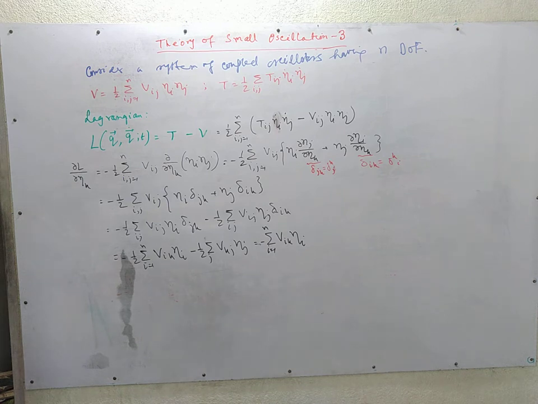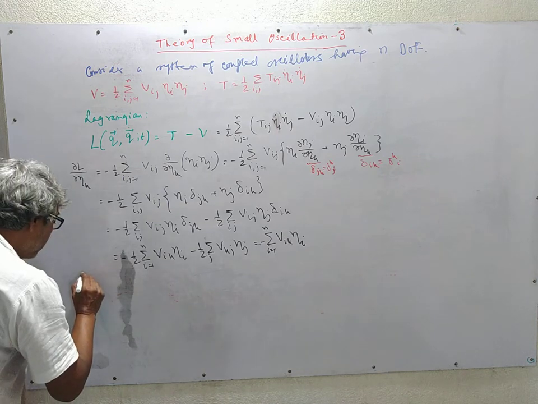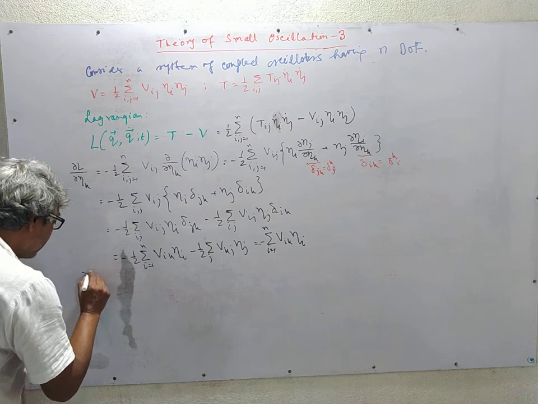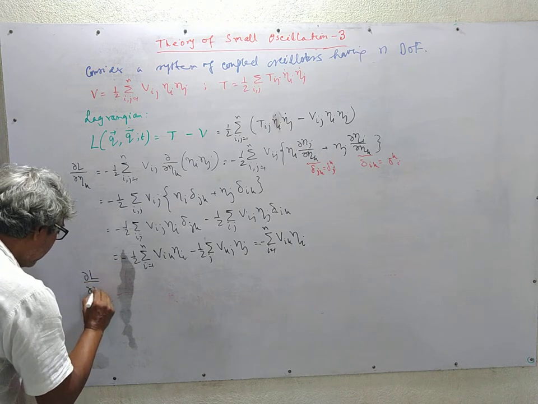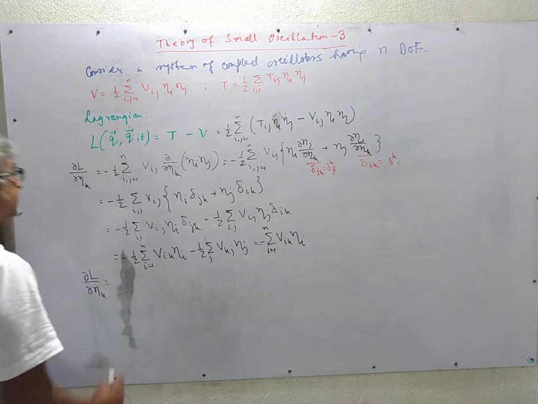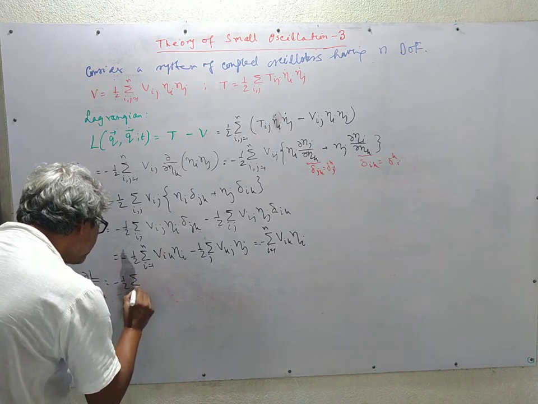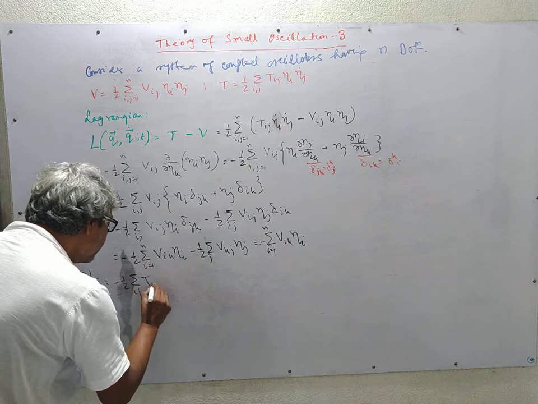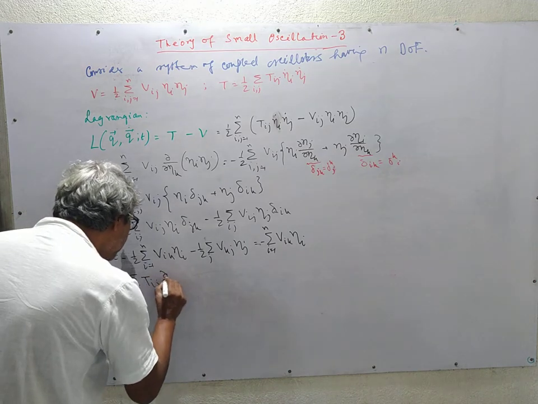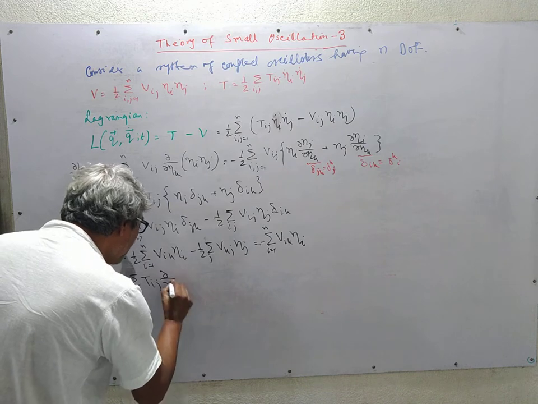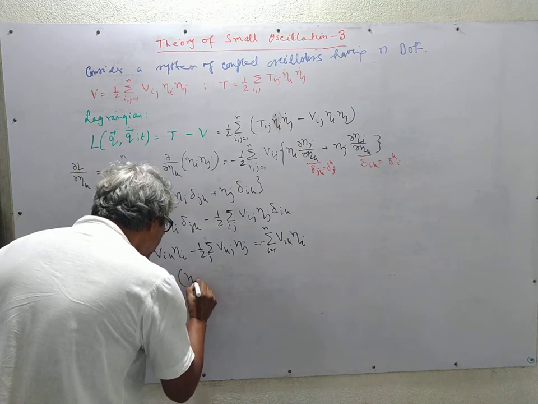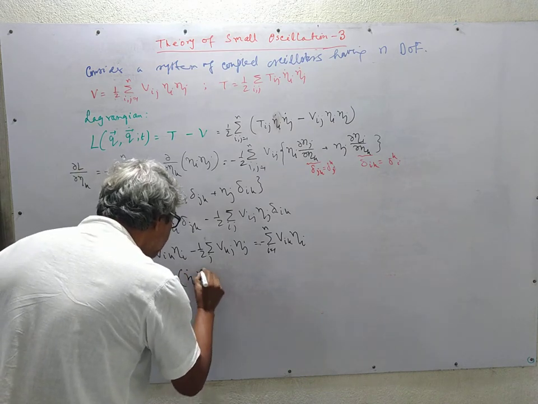Similarly, if we differentiate del L del eta k dot, this will be half summation over i, j, T_ij del eta k dot of eta i dot eta j dot.